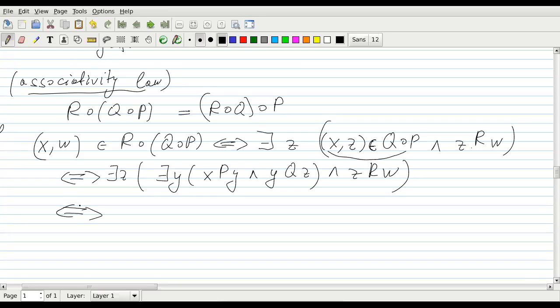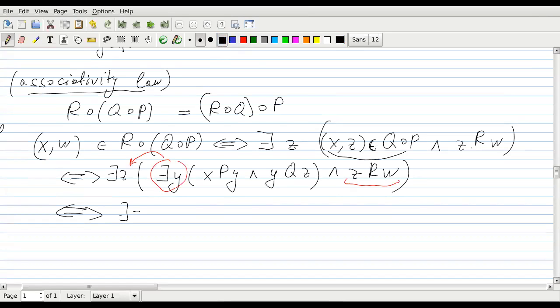Yes. And now let's do some basic logic. First of all, does this statement depend on Y? No, it doesn't. So I may move it out, so this quantifier may be easily applicable also to this one.